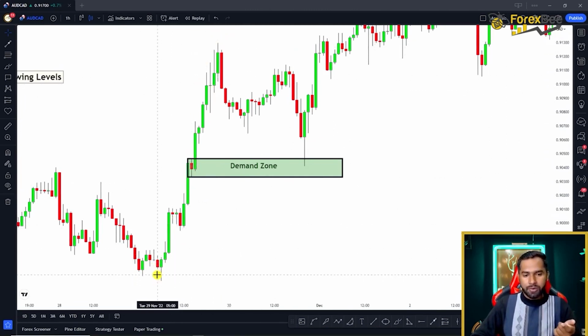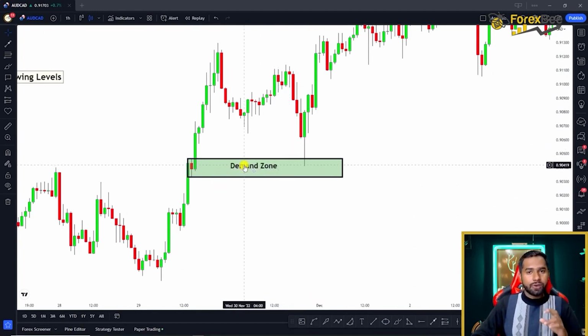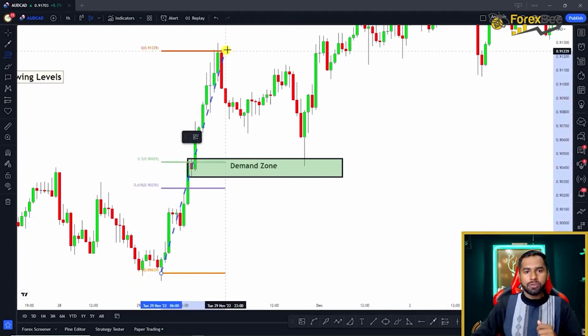If I take the Fibonacci retracement tool and draw it from this low to this high, then it would give me a 61.8 level to which the market might retrace. And most of the time it does follow that rule. So the zone between 50% and 61.8% is the golden zone. Let me take the Fibonacci retracement tool and start to draw from here to here.